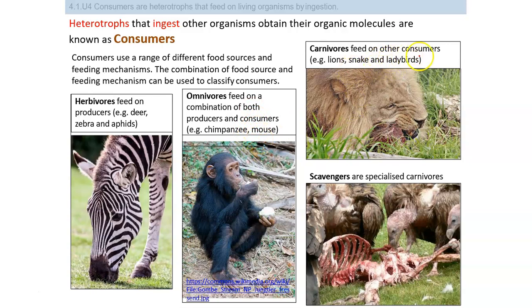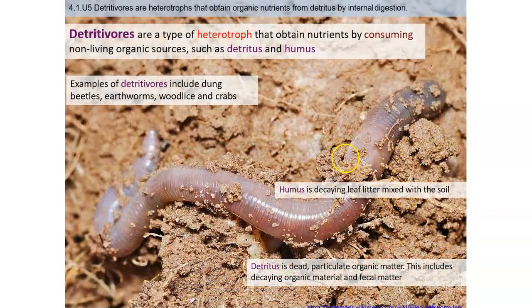Carnivores feed only on consumers, such as lion, snake, ladybirds, and scavengers, which are specialized carnivores. And detritivores, as I said, are a type of heterotroph, and examples of detritivores could be dung beetles, earthworms, woodlice, and crabs.